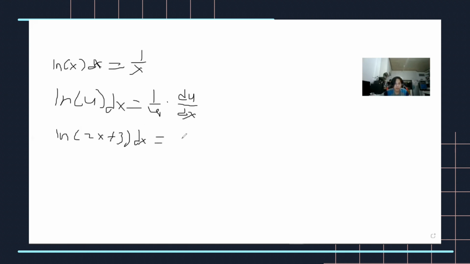To get the derivative of this, first 1 over, copy 2x plus 3, times the derivative of this, which is 2. So the final answer for the derivative of ln of 2x plus 3 is 2 over 2x plus 3.